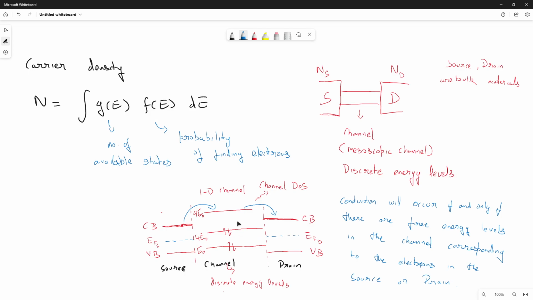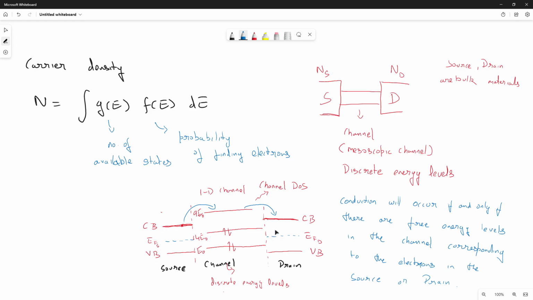Now, I am having a hypothetical 1D channel where the first two energy levels are aligned somewhere in the band gap. So there are no available energy states in the source and the drain.